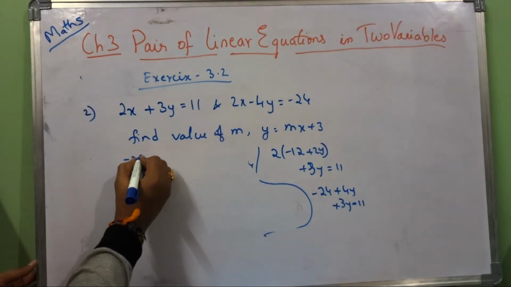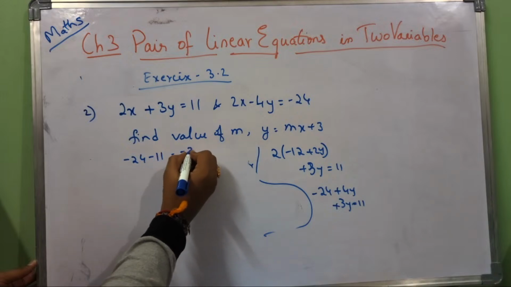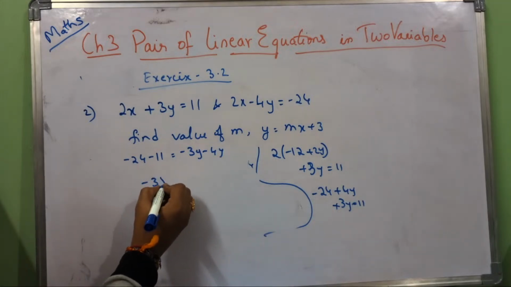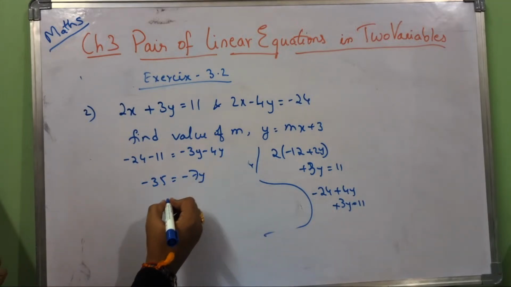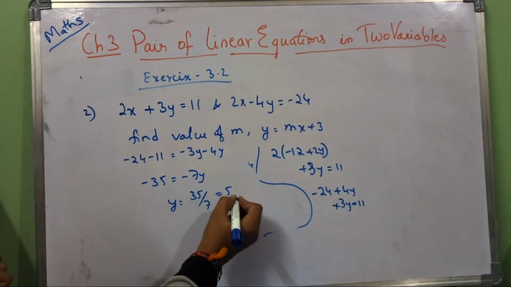If I keep 11 to the left side, I will get minus 24 minus 11 equal to minus 3y minus 4y. So this is coming as minus 35 equal to minus 7y. So y becomes 35 over 7, which is equal to 5.